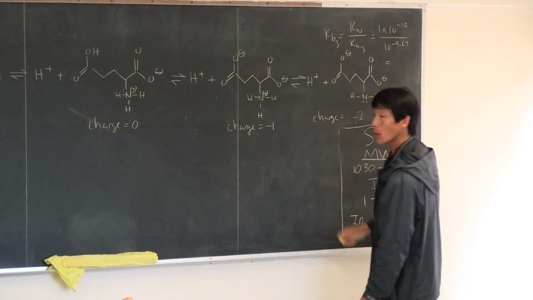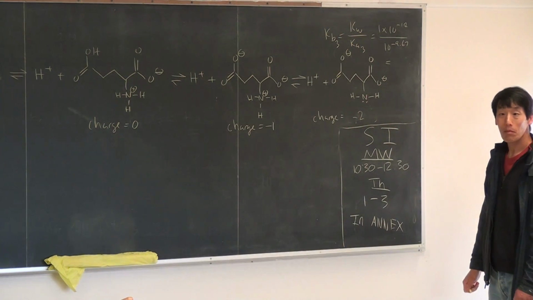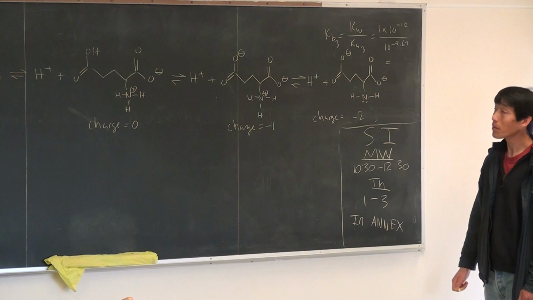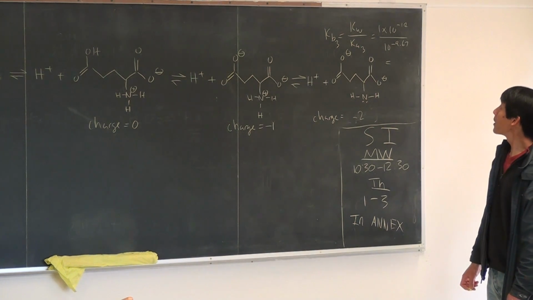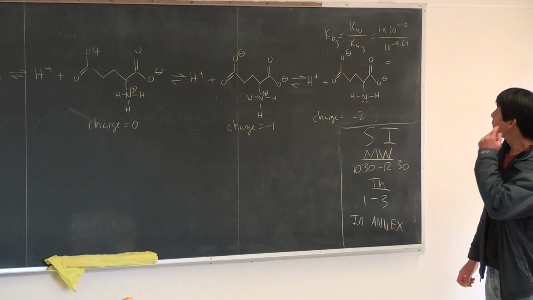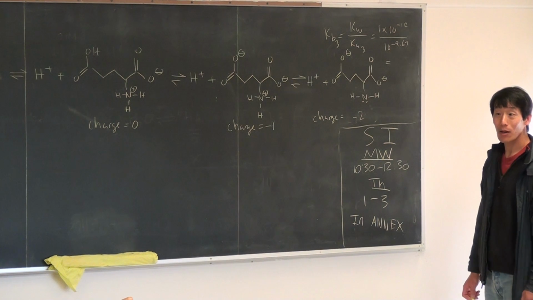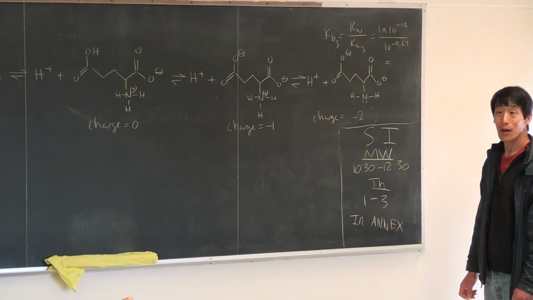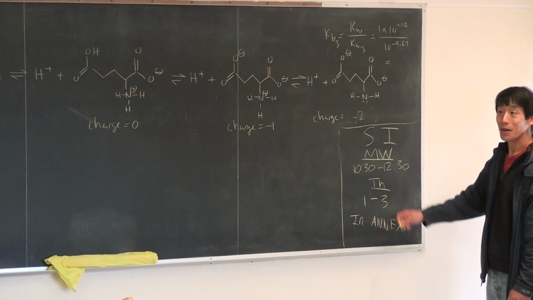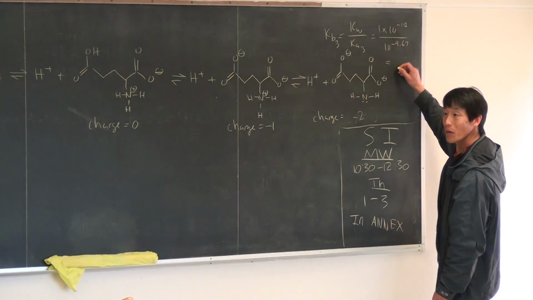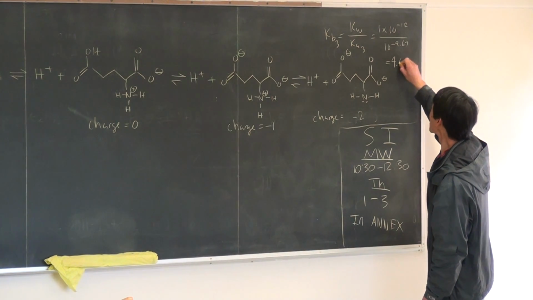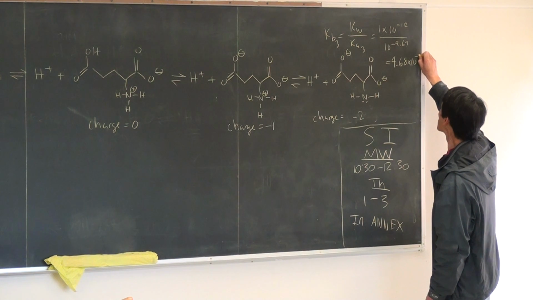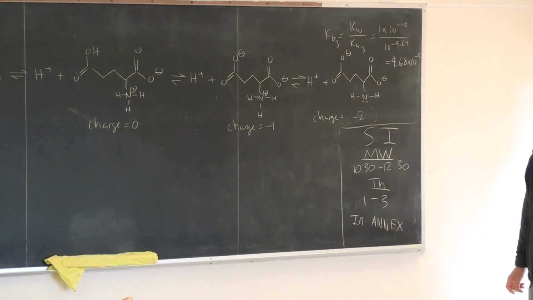So Kb3 is equal to 4.6768, so that's 10 to the minus 4.33 power, or 4.68 times 10 to the negative 5. Say that again, George? 4.68 times 10 to the negative 5. Okay.